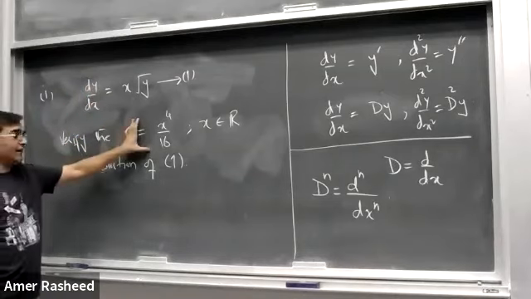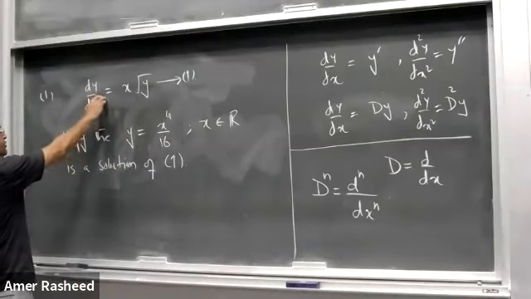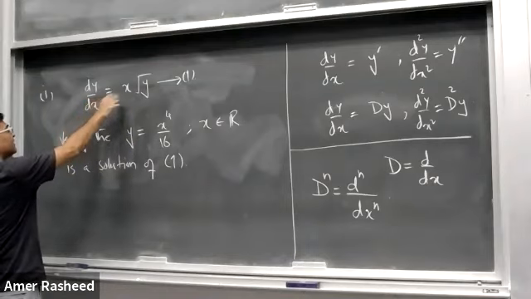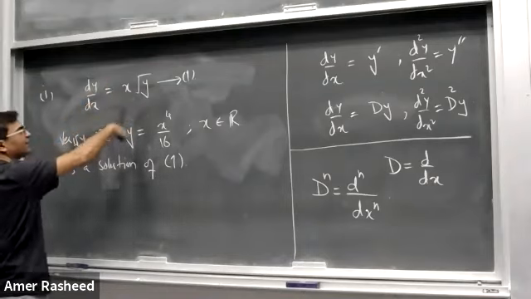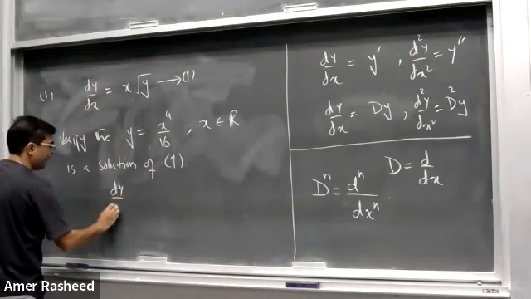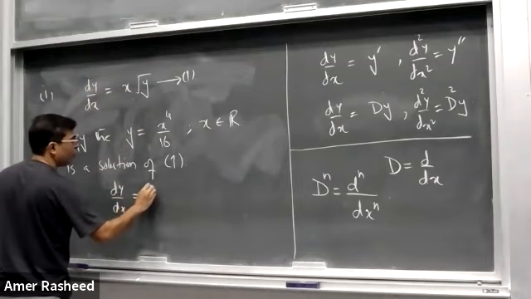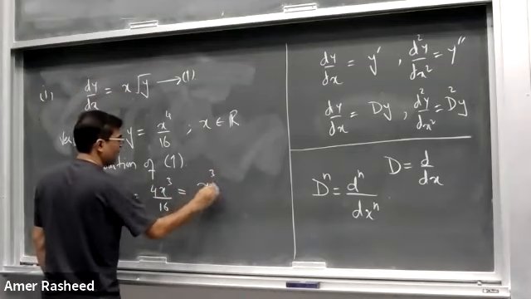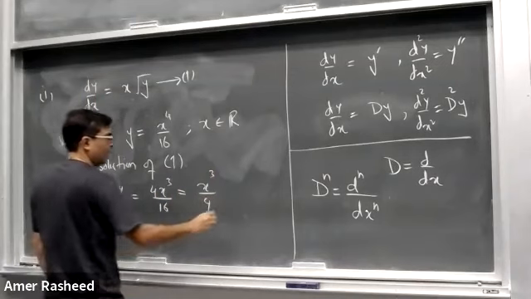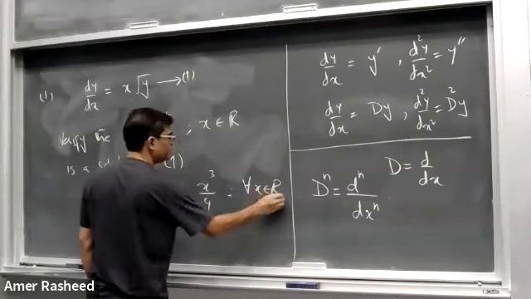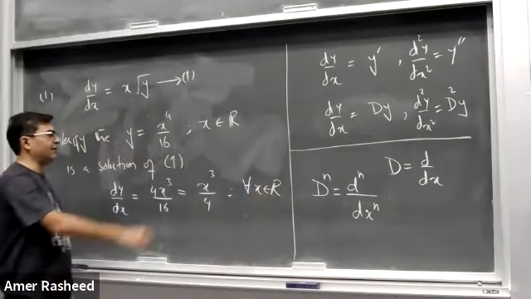Then if we substitute this function into the differential equation, and this function turns the equation into an identity, then we say that this is a solution of this differential equation. So its derivative dy by dx is 4x cubed divided by 16, which is x cubed by 4, and it is defined for all x belongs to R, the same interval.